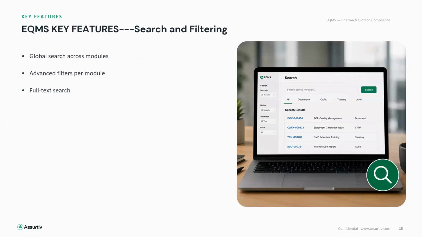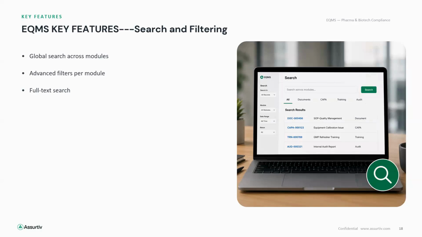The other one is search and filtering. Suppose you have initiated, at a site, from quality and all the other functions across the company, now there are 222 change controls. But during the audit, you cannot manually trace everything, if you have paper-based QMS. But in EQMS, you have an option called global search across modules.